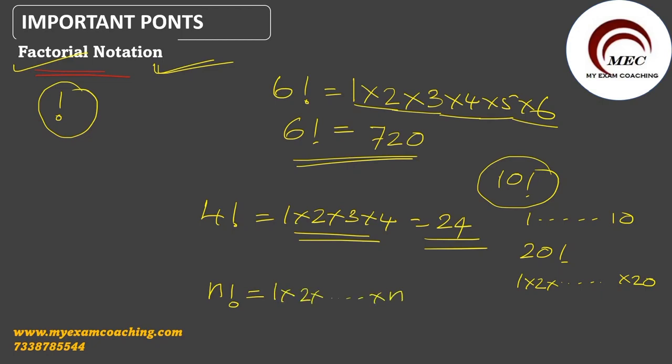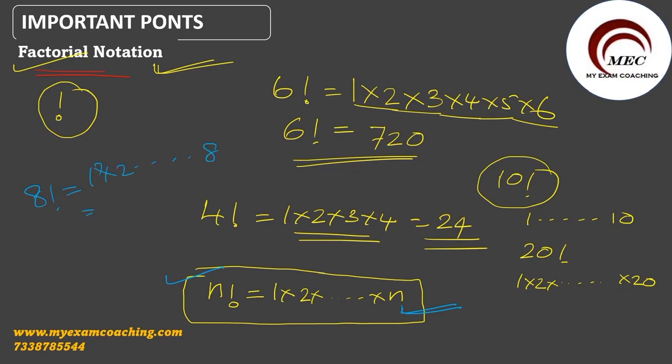This is one of the very important formulas. So if I ask what is 8 factorial, you can find that 8 factorial is equal to 1 into 2 into up to 8. Or you can write it in the reverse order also: starting from 8, 8 into 7 into 6 into up to 1. So these are all the important things about factorial notation.